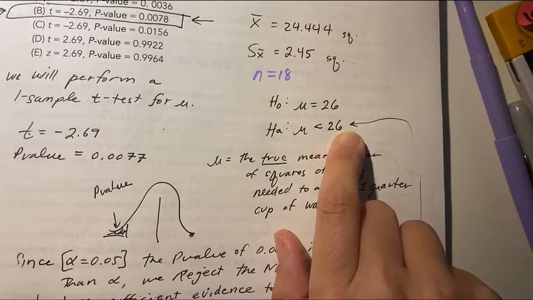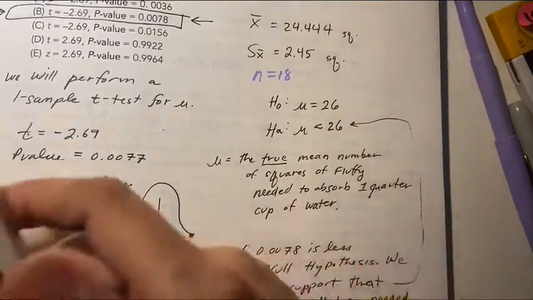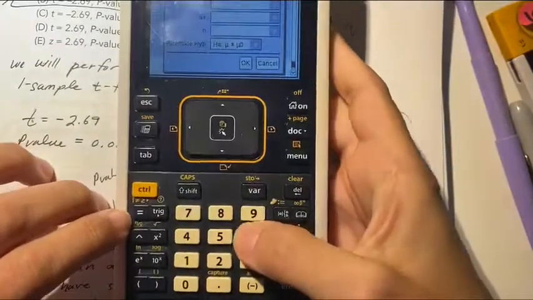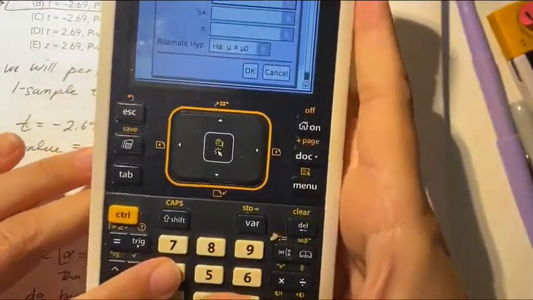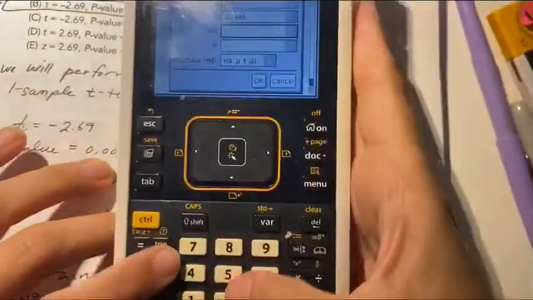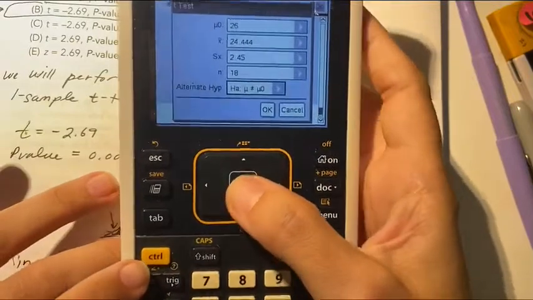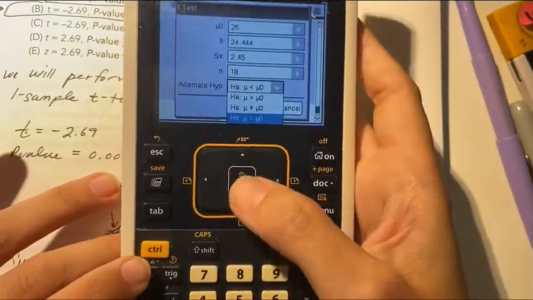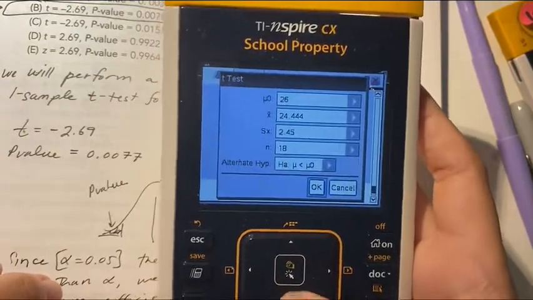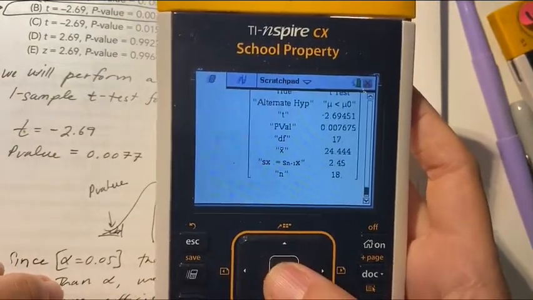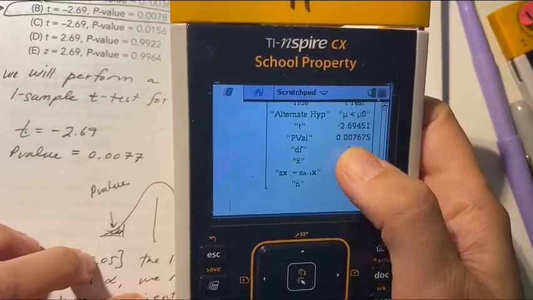We're trying to find, is there convincing evidence to say that it's fewer than 26? Okay, so H sub O is 26, and x-bar, we got 24.444. S sub x, we were given 2.45. n was 18, and the sneaky suspicion is it's something less than. All right, so see, there's where we got the p-value and the t.